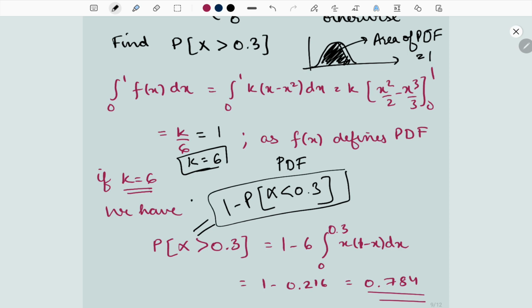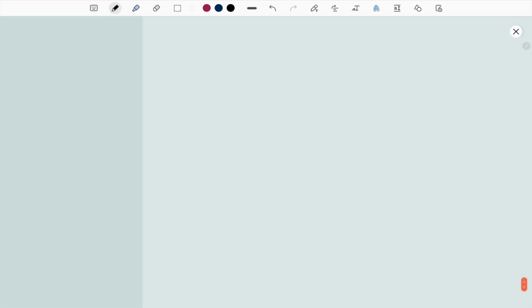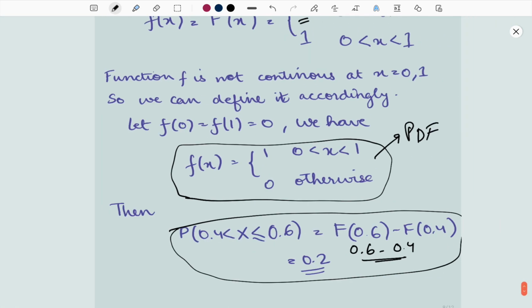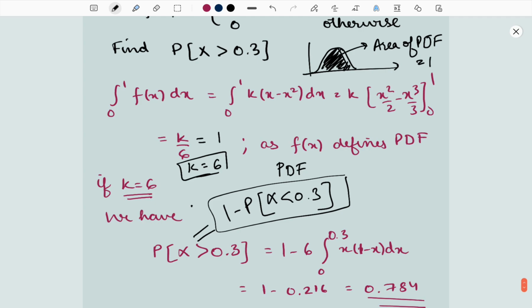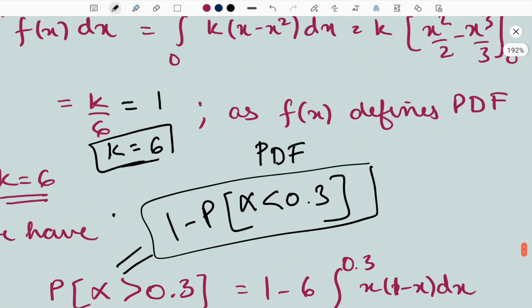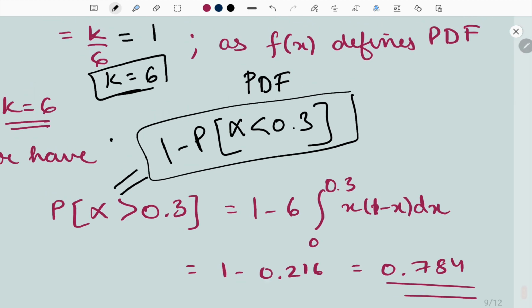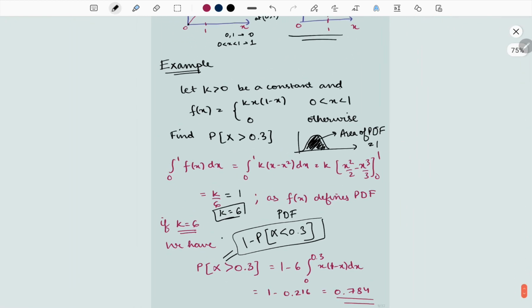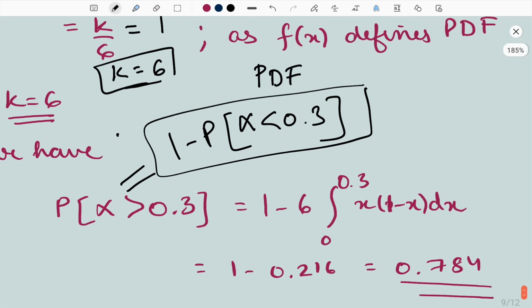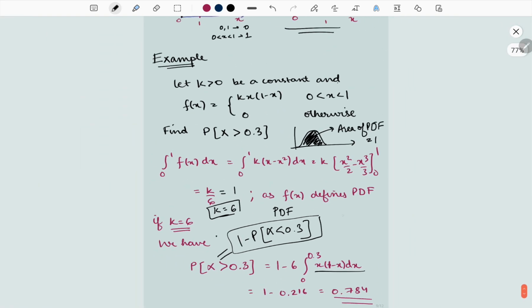Now you may ask why we did it? Because this function is always defined for less than. So 1 minus 6 times the integral from 0 to 0.3 of x(1 minus x) dx, we multiplied it, so we just get the same thing here and put the values.